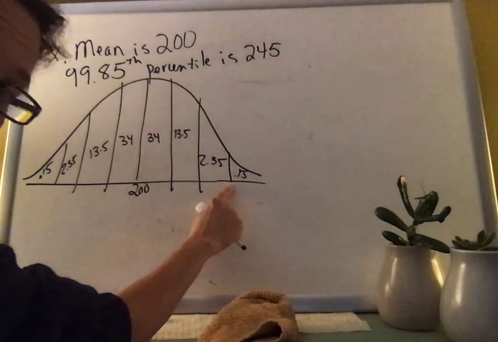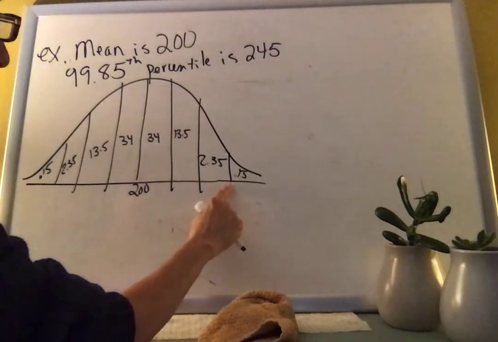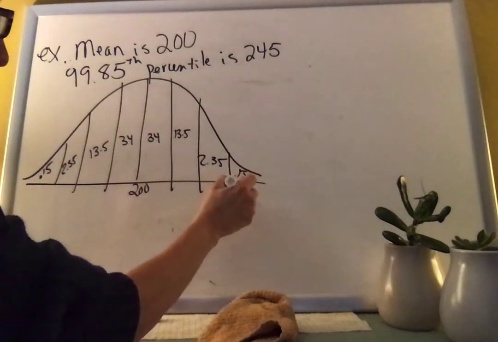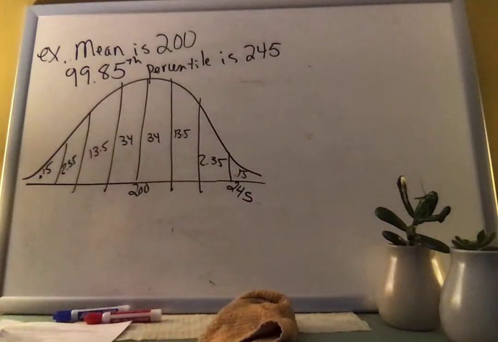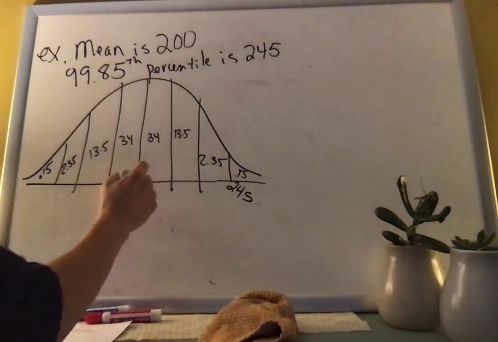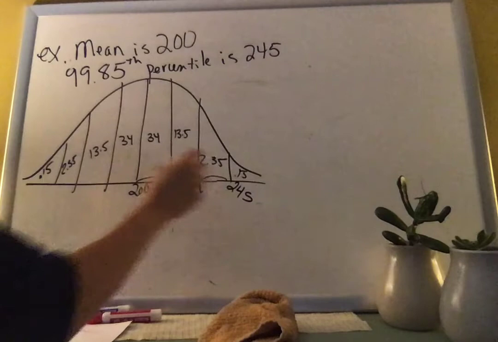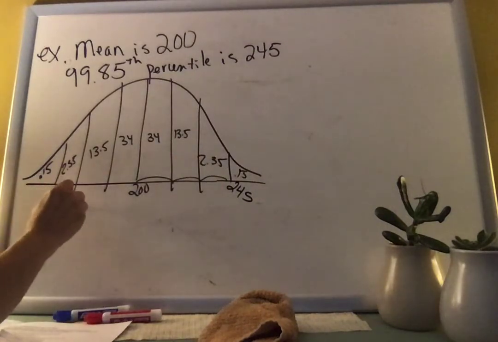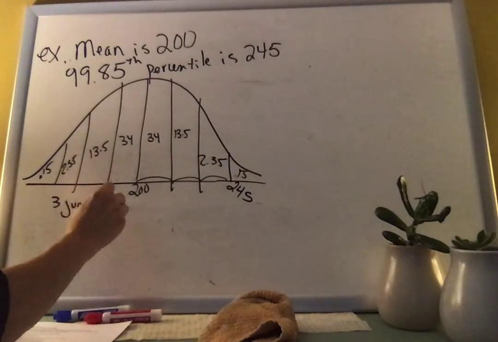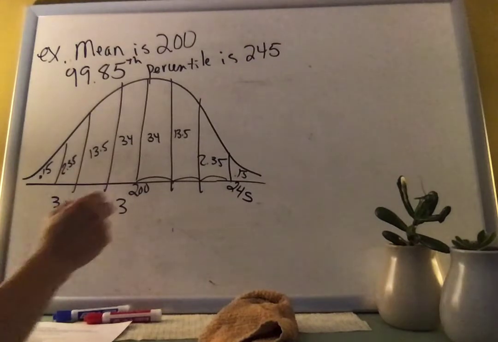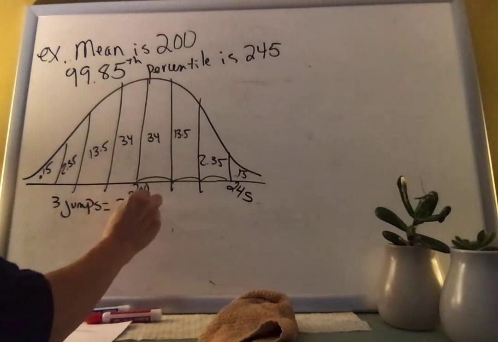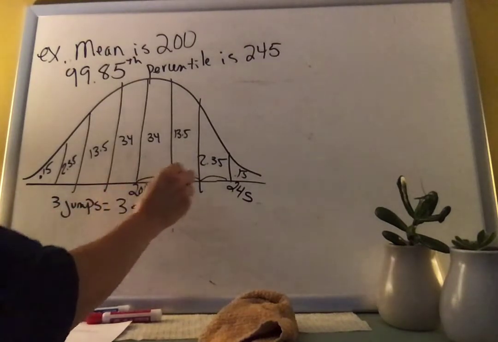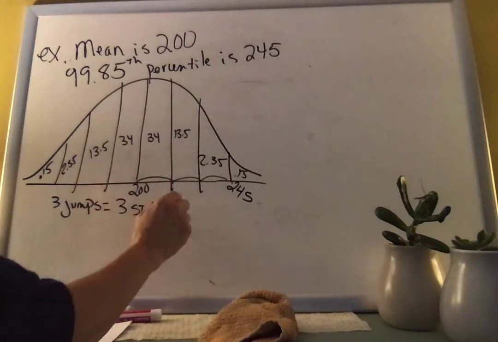This line right here, that plus 3s, that guy is 245. That line, not the space in between. So I've got 3 jumps, but remember we said a jump is a very informal word for standard deviation. So 3 standard deviations is a distance.